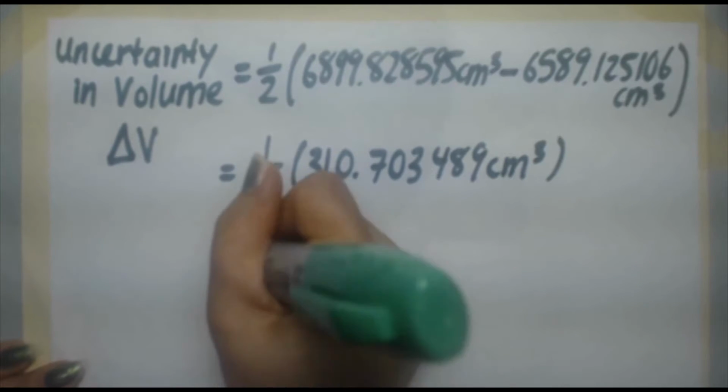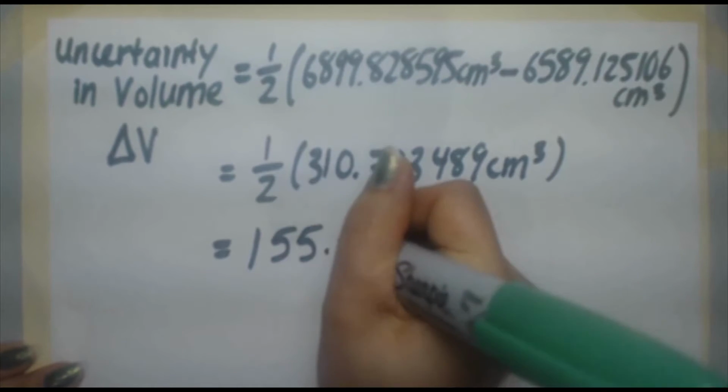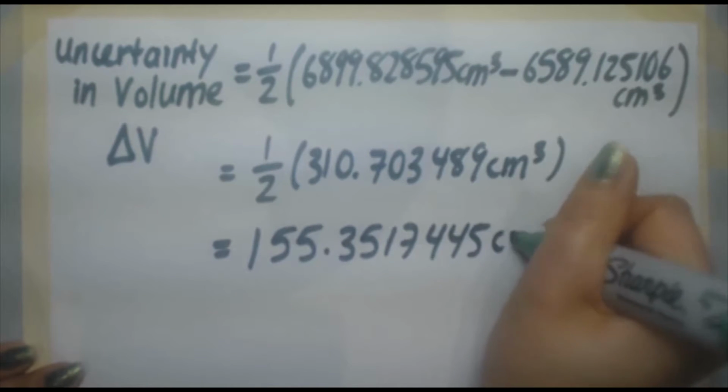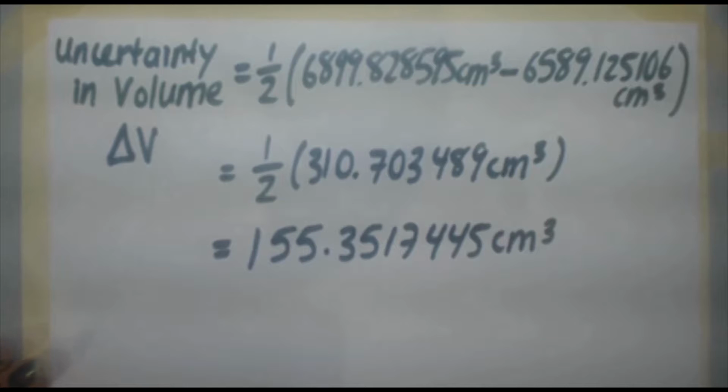When you divide that in half, you're going to end up with 155.3517445 centimeters cubed. Now obviously I'm keeping a lot of decimal places. You can keep 4 if you'd like. Generally speaking, without a more rigorous explanation and definition of uncertainties, you want to keep as many decimal places as you can, and you can use the number of sig figs in the final point.